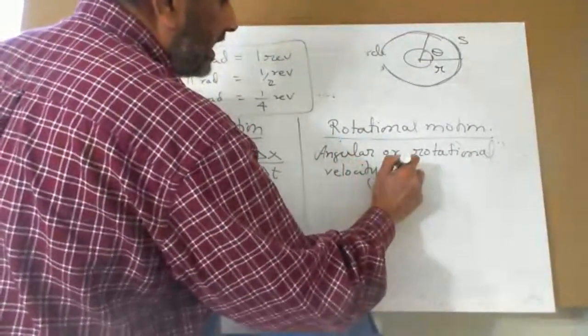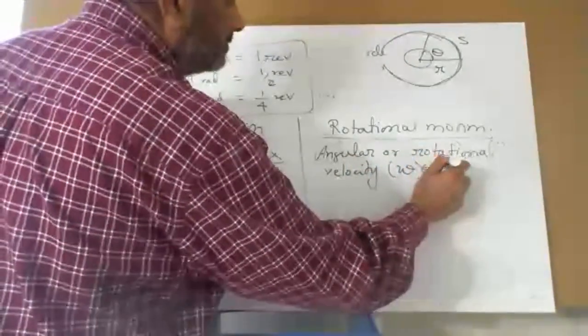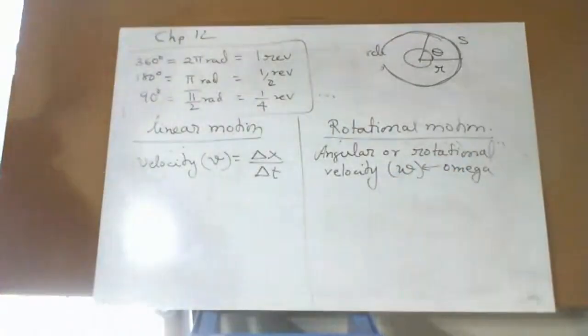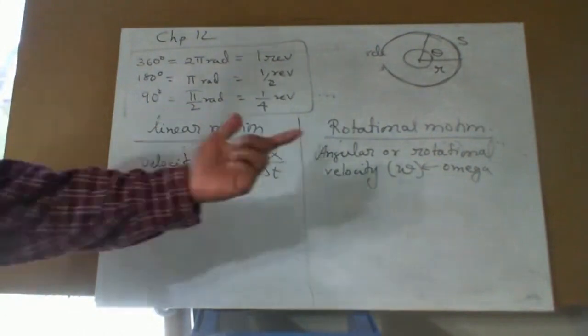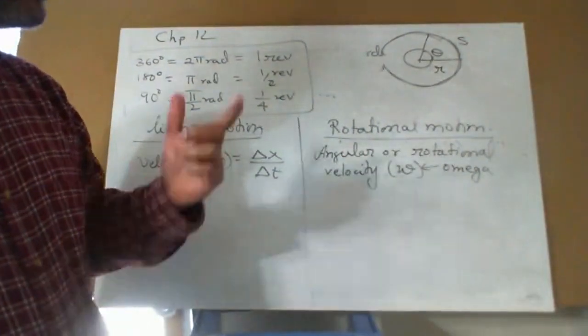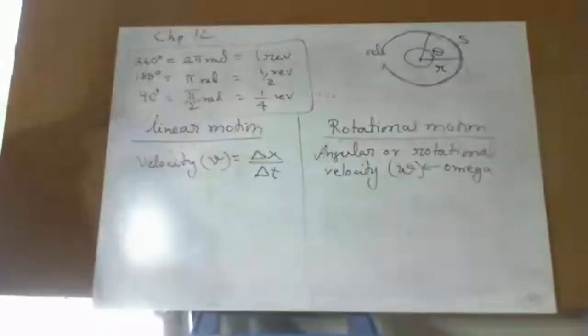And we use the Greek letter omega. This is the lowercase omega. So angular or rotational velocity. The book uses rotational velocity. Some books use angular velocity.